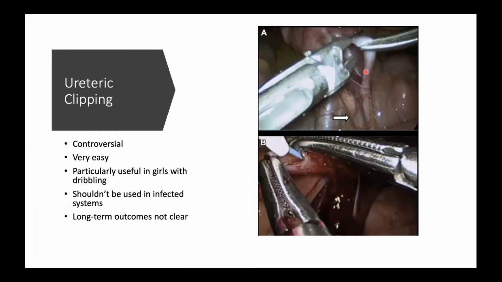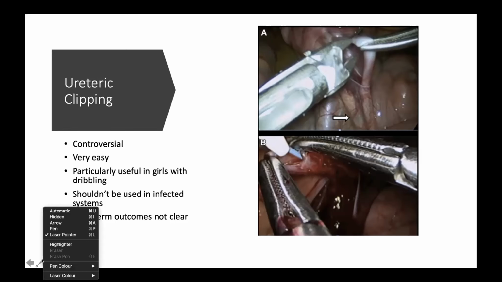Very simply, they just place a couple of Liga clips onto the ectopic ureter. So it's 1 or 2 Liga clips, and then they divide it. This procedure is very quick and uncomplicated. It can also be done through a very small lower quadrant incision.